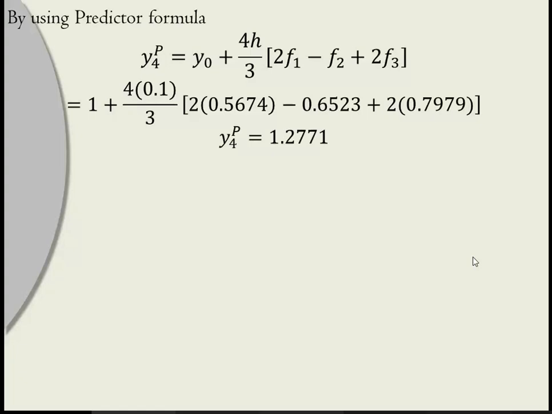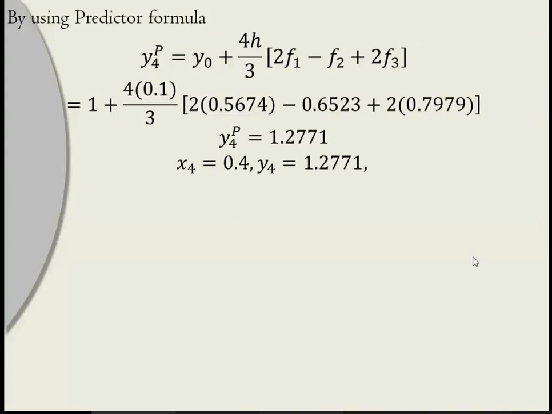Now take this predicted value as y4. x4 is nothing but x3 plus h. The difference between any two values of x is 0.1. So x4 will be 0.3 plus 0.1, that is 0.4.